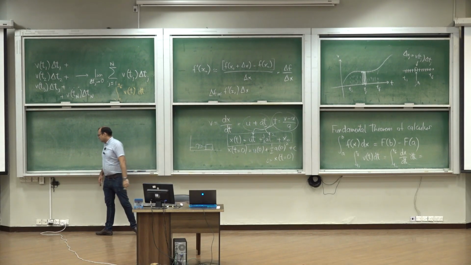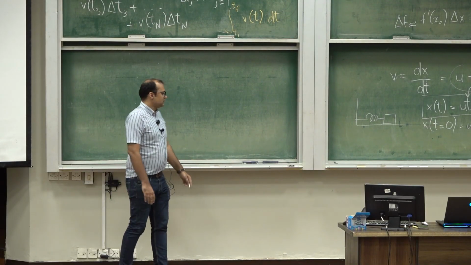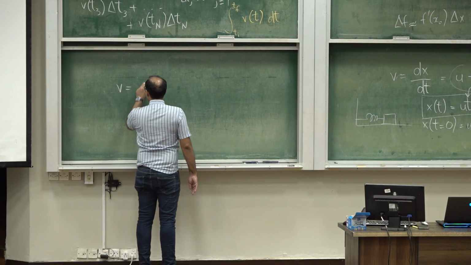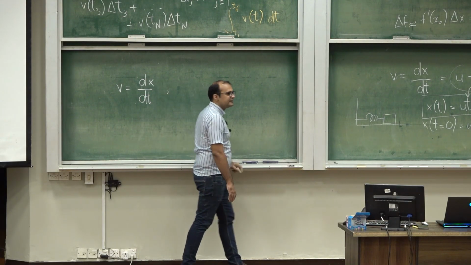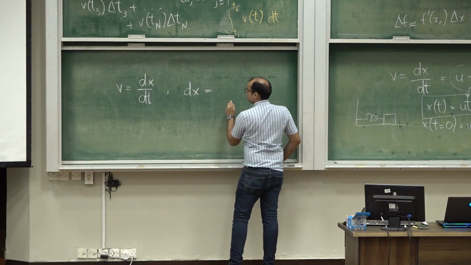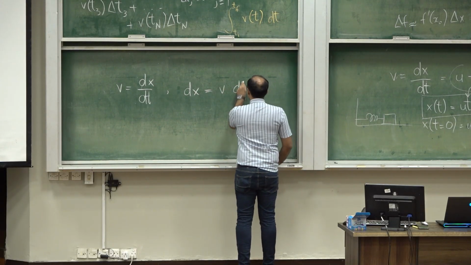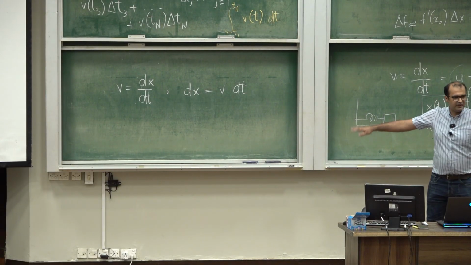Now let's apply this. So you have v is equal to dx by dt. Let me write it another way. You have dx. Very often in physics we write this. Mathematically, not very rigorous, but it works in physics, so it's fine.